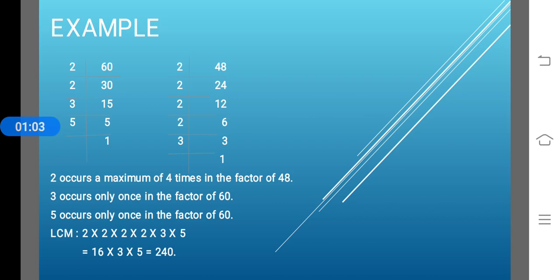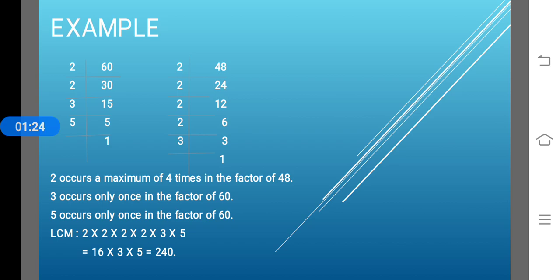And 5 also occurs only once in the factor of 60. So the LCM will be 2 into 2 into 2 into 2 into 3 into 5. And your LCM is 240.